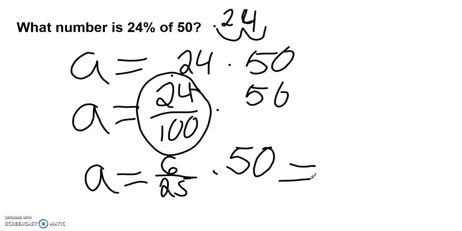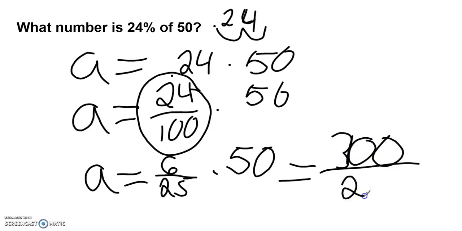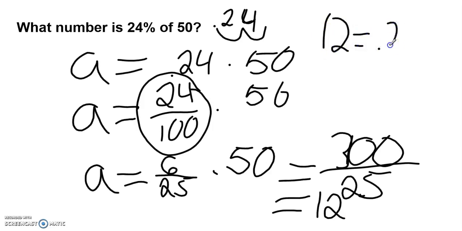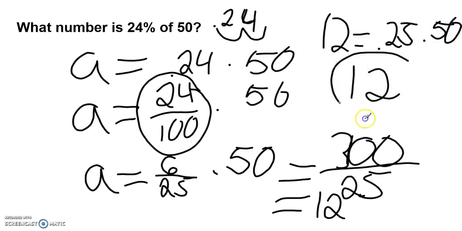So 6 times 50 equals 300. 300 divided by 25 is going to equal 12. Okay, so 12 is 0.25 times 50. So 12 is our answer.